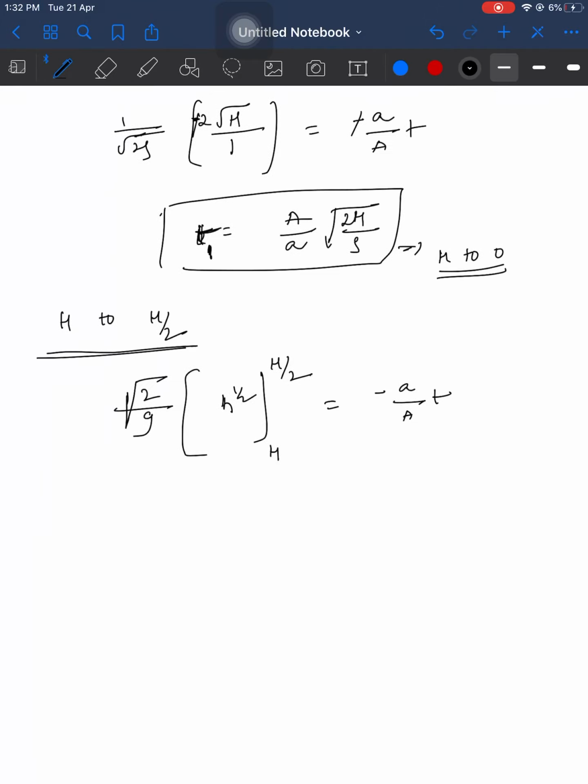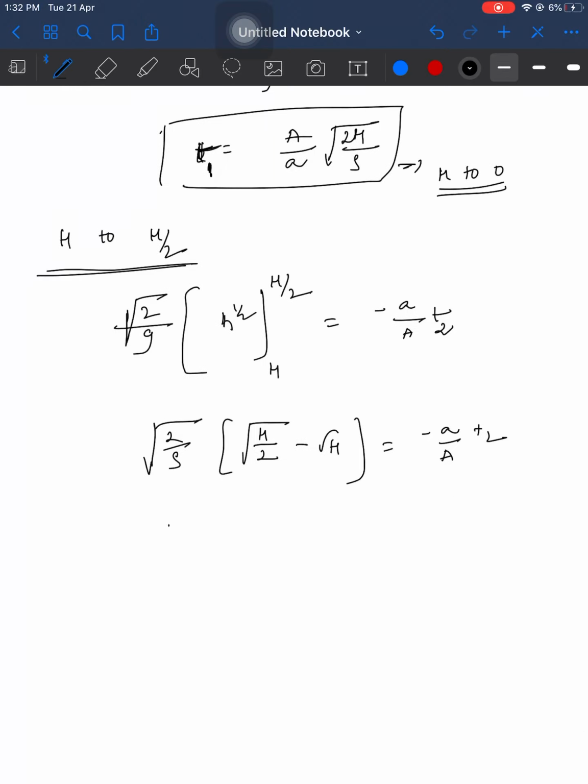How much time it takes, t2 I am saying. So root of 2 by g into square root of h by 2 minus square root of h is equal to minus a by capital A into t2.